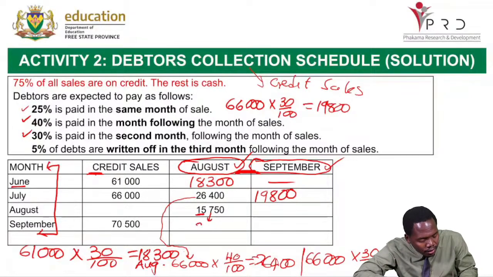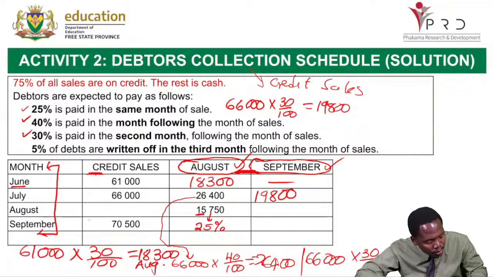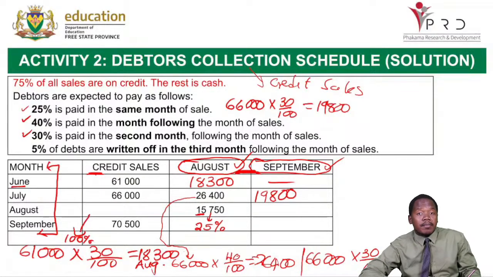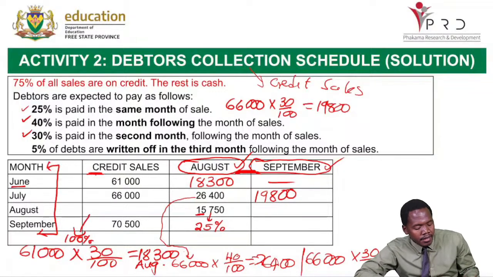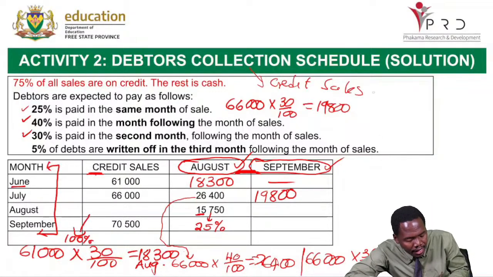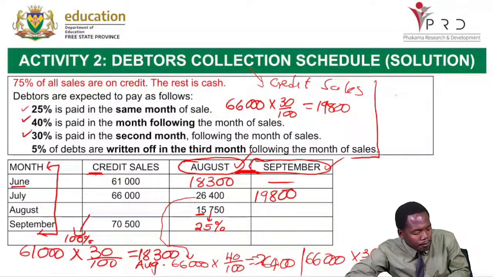What are we starting to collect with? 25%. And then what would be your credit sales in this case? It would be 100% of the 25%. Okay? Now, first thing I need to do here, we need to calculate the credit sales for August.